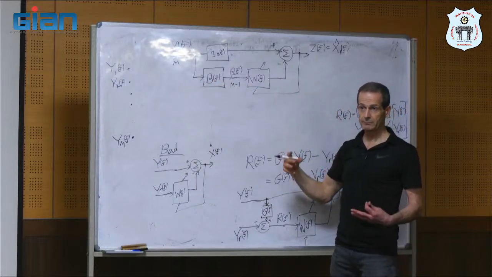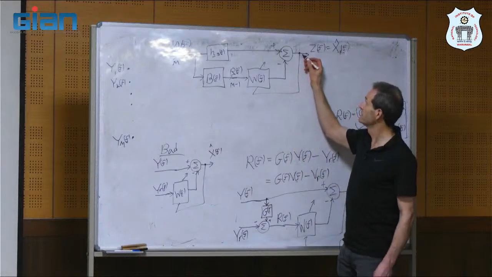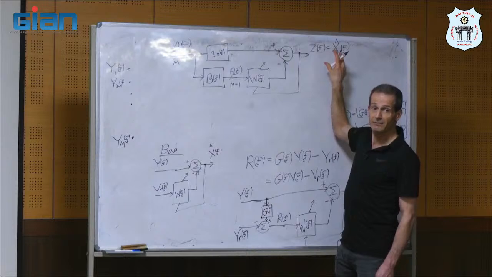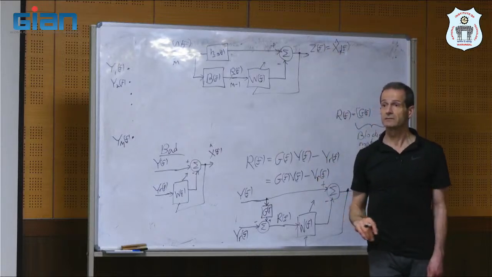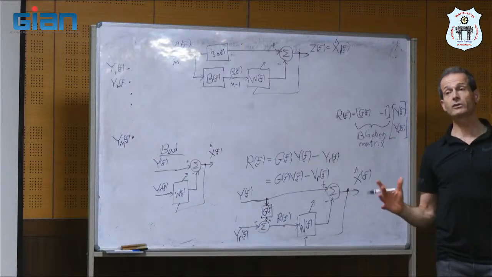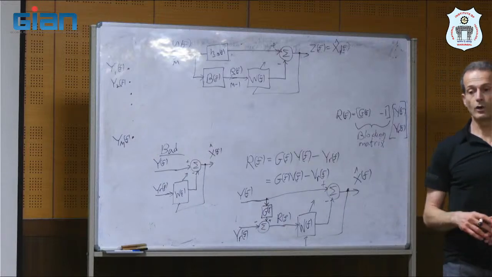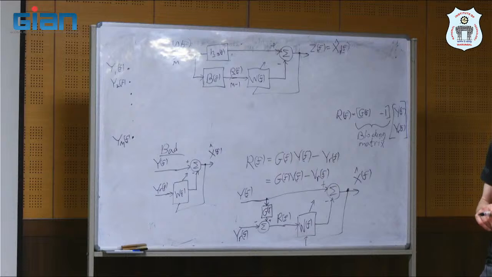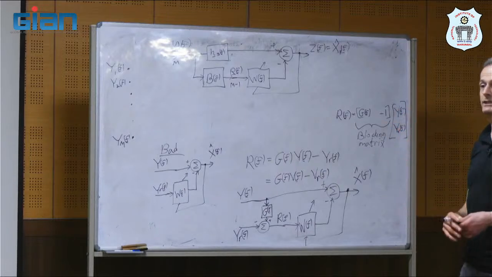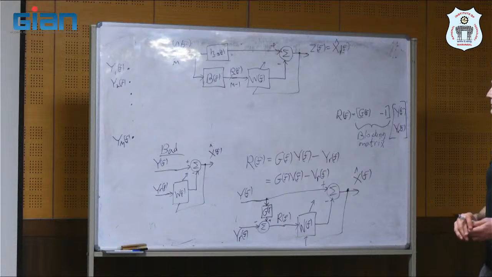So the only possibility to reduce the variance at the output is by minimizing the variance of the residual noise. So this is all the concept of adaptive filtering, and we will talk about GSC in a moment.